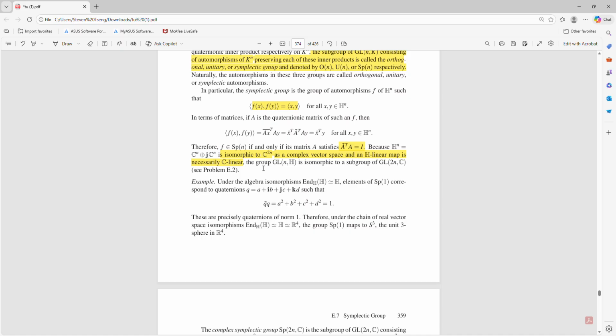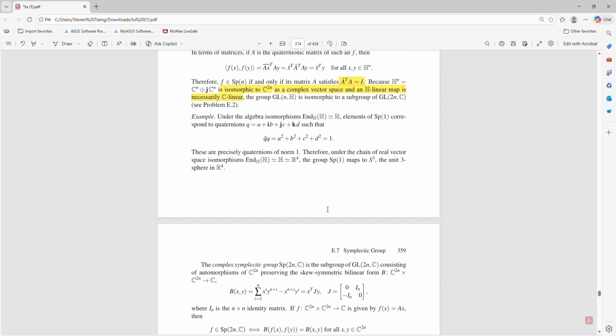And we can easily check that H^n equals this, and it is isomorphic to C^2n. So it is easy to imagine that the group GL_n(H) is isomorphic to a subgroup of GL_2n(C).